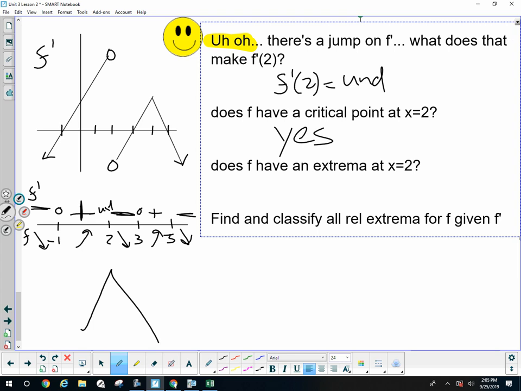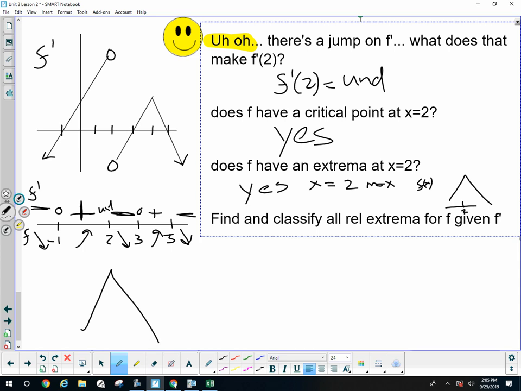I can have a sharp point. If you have a jump like this, that's an indication that you have a sharp point. Okay? So, yes, x equals 2 is a max, and it's like having a sharp point at 2. If you ever see a jump, sharp point.